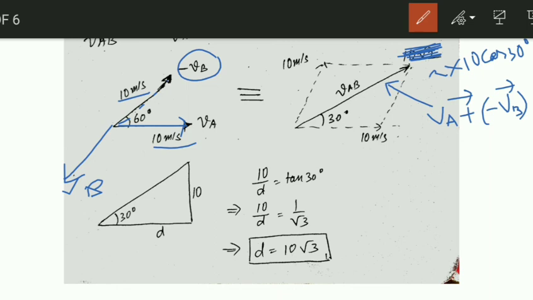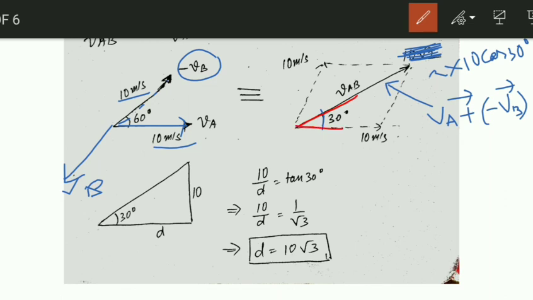The value of VAB will be 10 root 3, but here we are more interested in finding the direction and not the value of the relative speed. So the direction is 30 degree with respect to the horizontal. Why 30 degree? Because both are equal, and the angle between them is 60 degree. So it will be 30 degree, half.